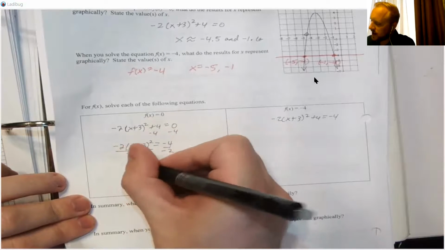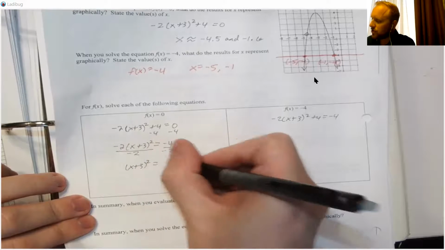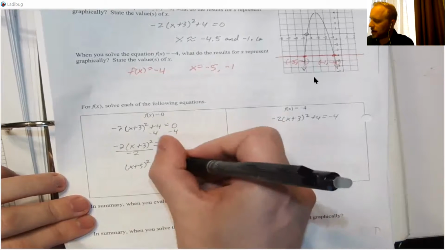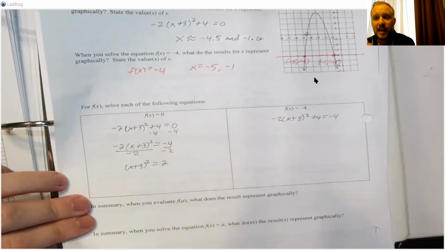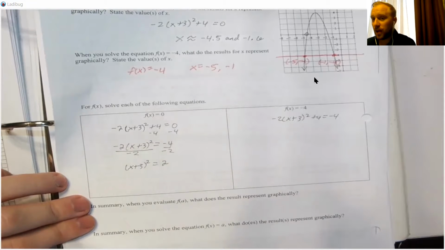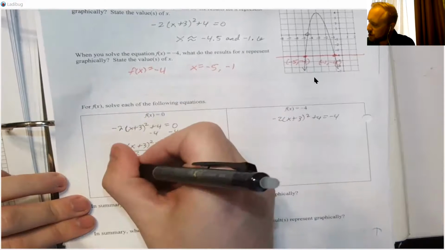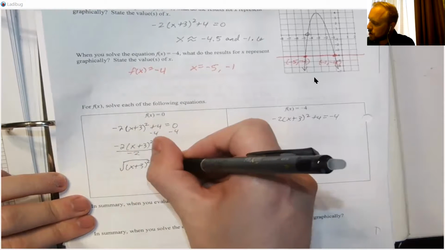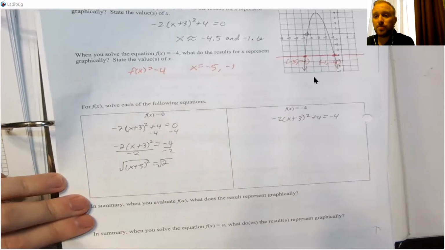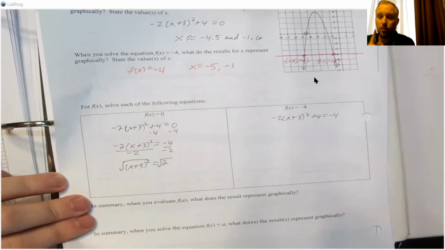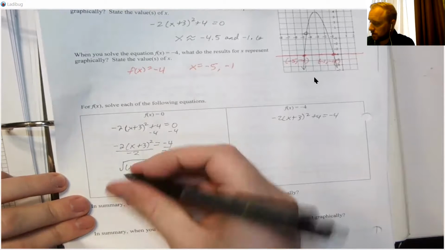This leaves us with (x plus 3) squared is equal to -4 divided by -2, which is +2. Now we have to get rid of the square, so we have to do the inverse of squaring something, which is square rooting. Whenever we square root both sides, this is a rule, we always put a plus or minus.